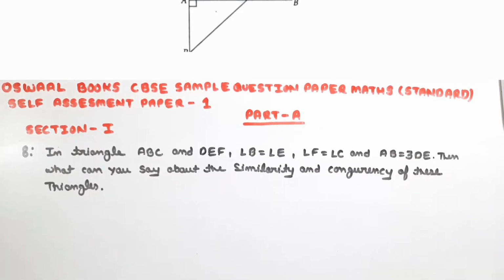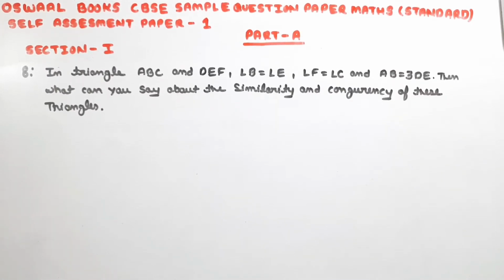Question number 8. In triangle ABC and DEF, angle B equals angle E and angle F equals angle C, and AB equals 3DE. Then what can you say about the similarity and congruency of these triangles?